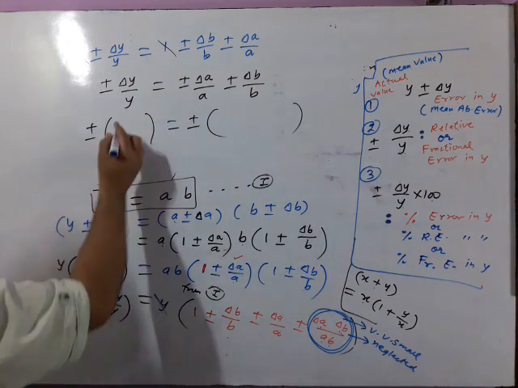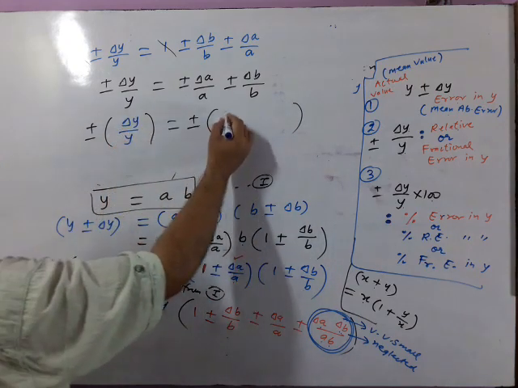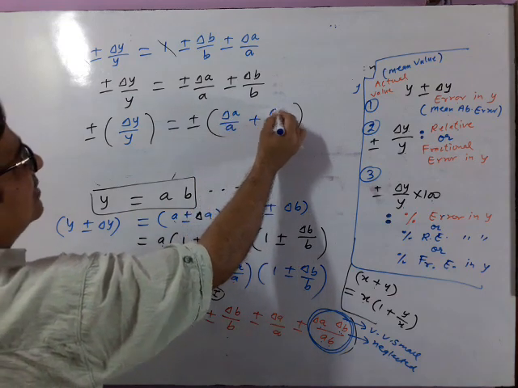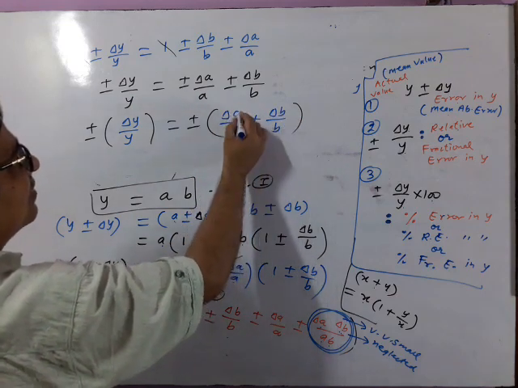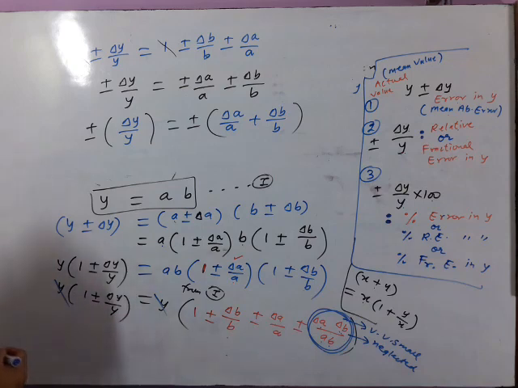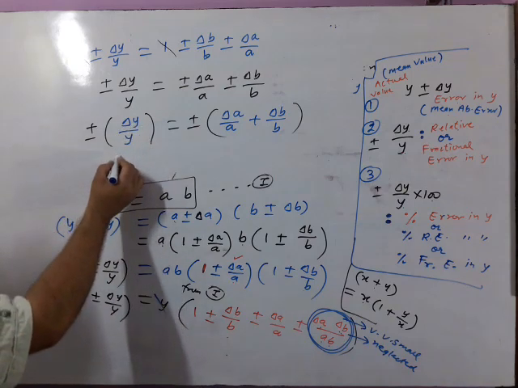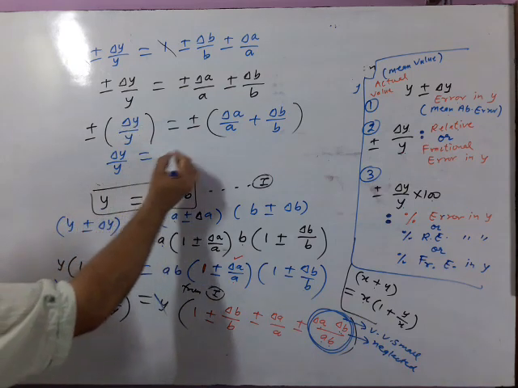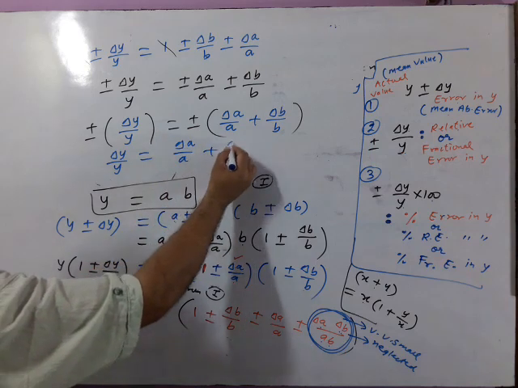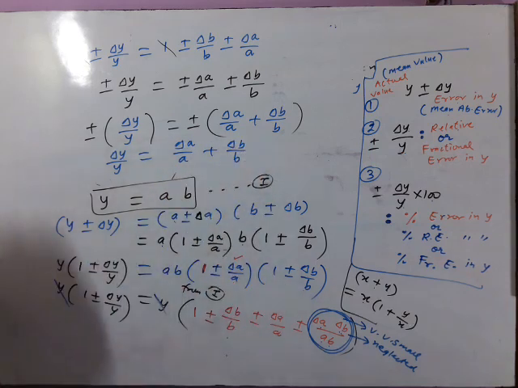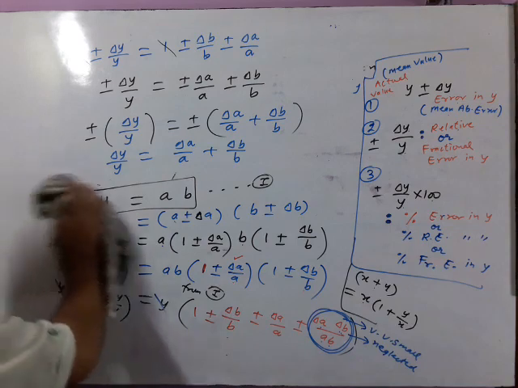So you see, delta y by y is delta a by a plus delta b by b. If you ignore plus minus, then you say delta y by y is delta a by a plus delta b by b.